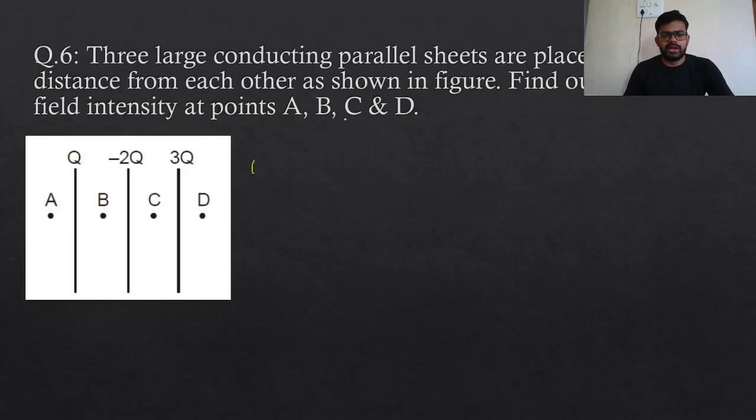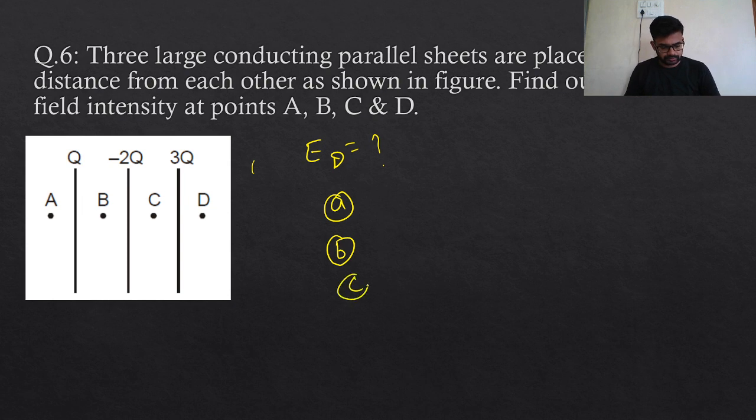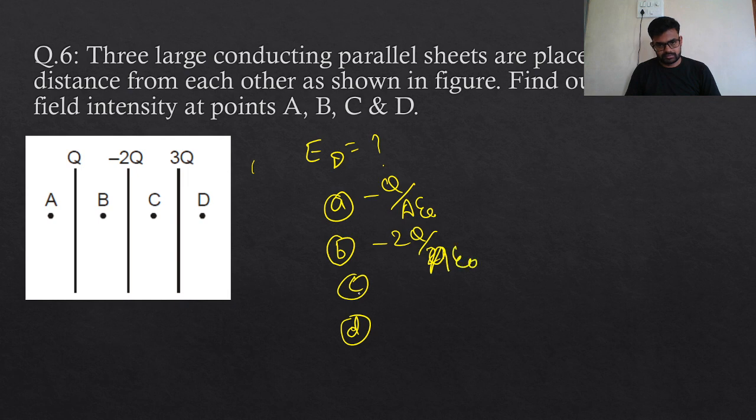So let us talk about the last one, D point. You need to find the electric field intensity at point D. I am giving you options A, B, C, D, and the last option. These are the four options in front of you.